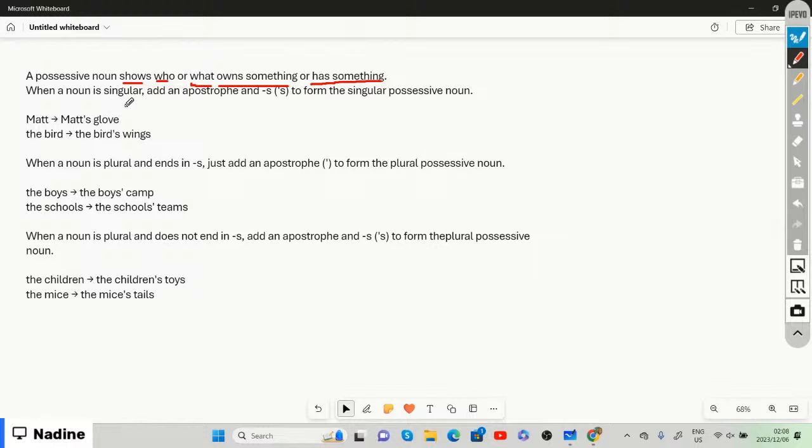When a noun is singular, we add an apostrophe and s to form the singular possessive noun. Singular means one thing, one person, and then we add an apostrophe and s to form the singular possessive noun.